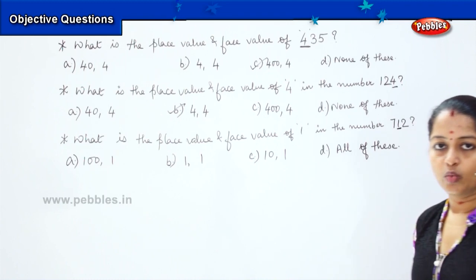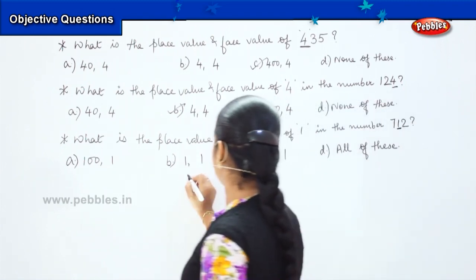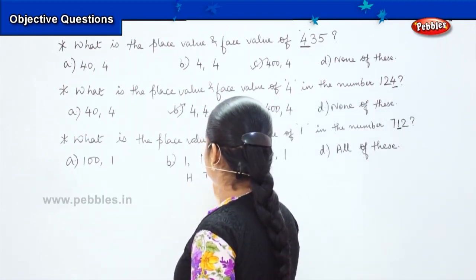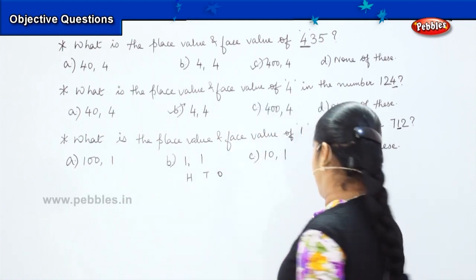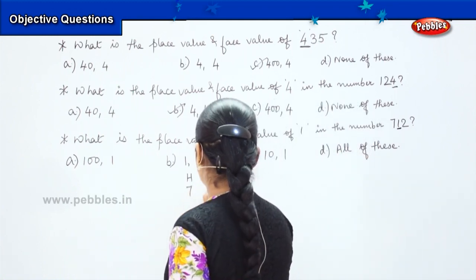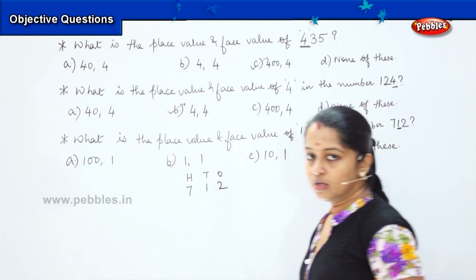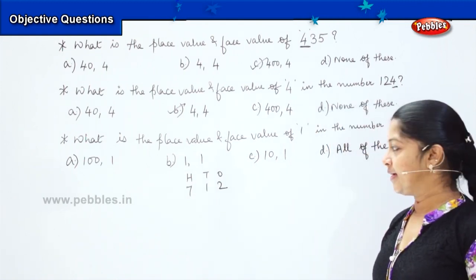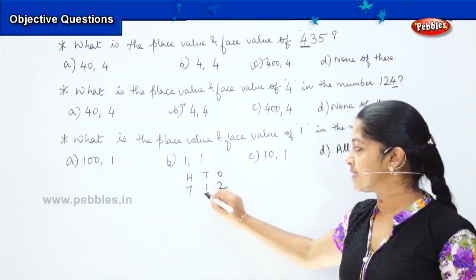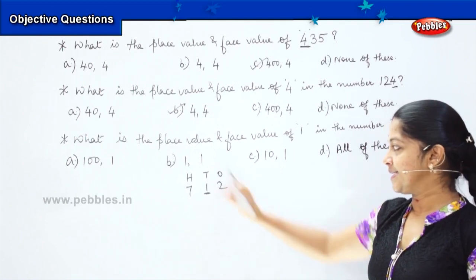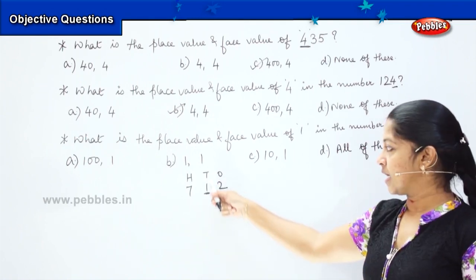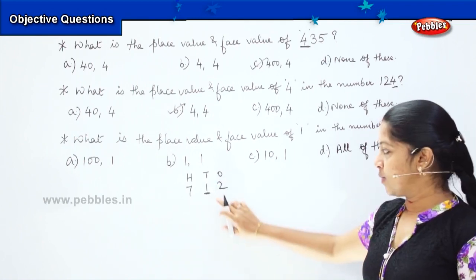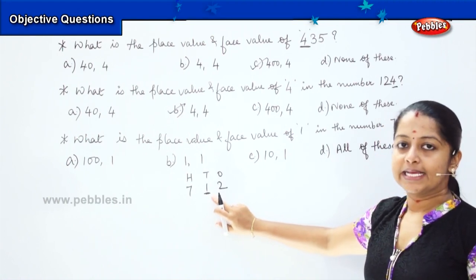Okay, so how will you solve them? Very good. First write HTO and write the numbers in their respective column. So what is the number which we have to find out here? Good, it is number 1. And where is it seated? It is seated under the tens column. So what is the value of 1? Yes, it is 10.